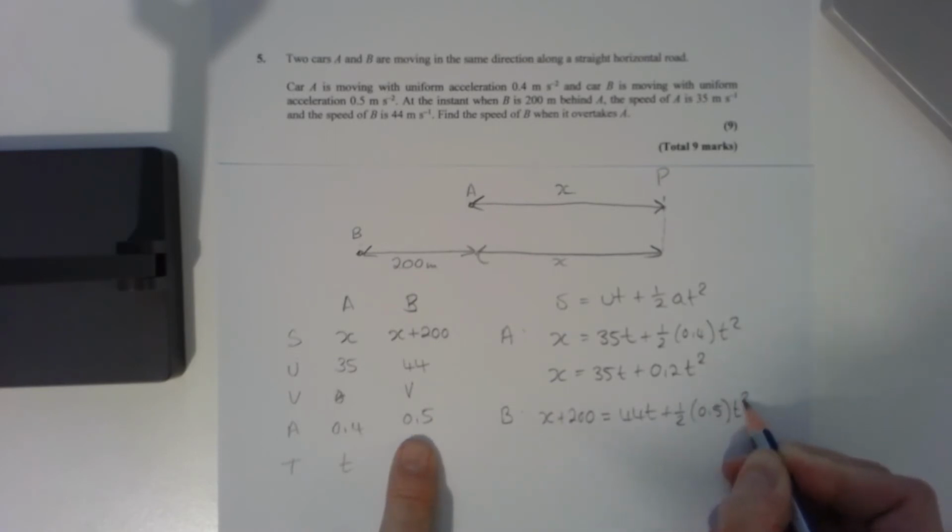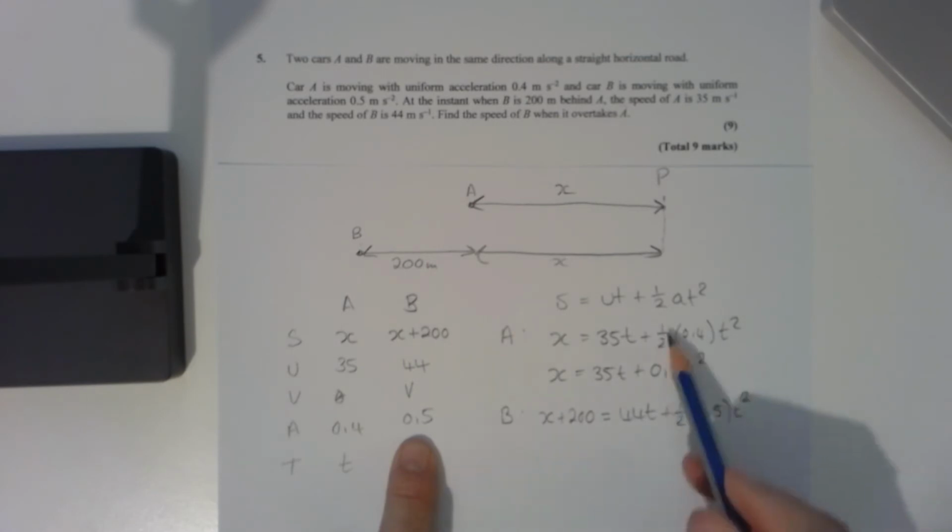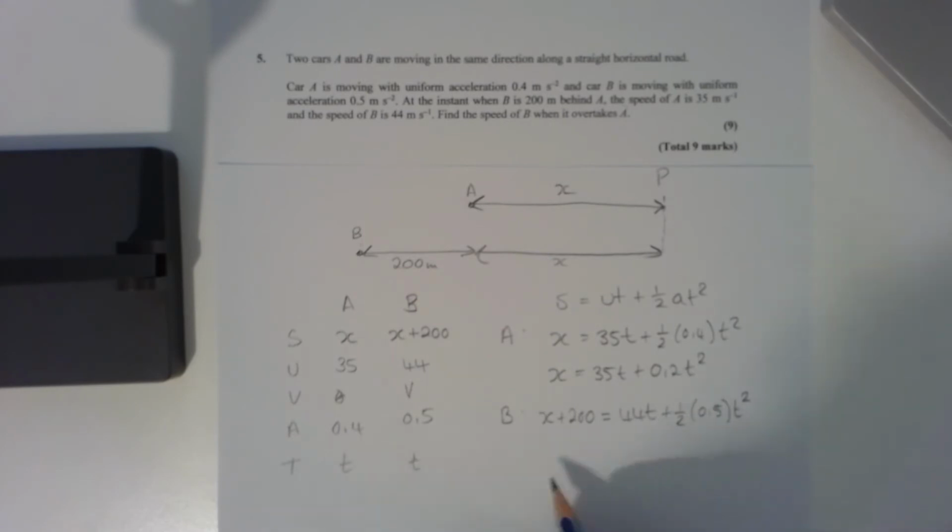I'm always wary about doing any calculating at this point, because you get accuracy marks for showing a completely correct equation. So now just neatening this one up and putting it equal to x, because then I can equate the two. I'm going to subtract 200 from both sides: 44t, a half of 0.5 is 0.25t squared, and subtract 200.